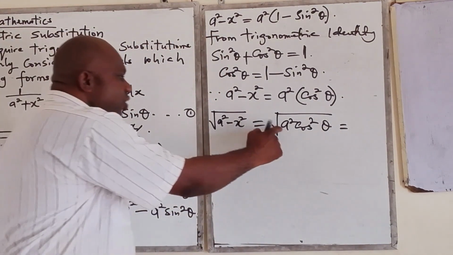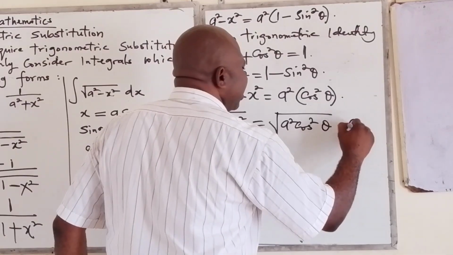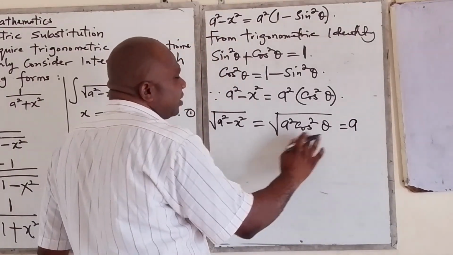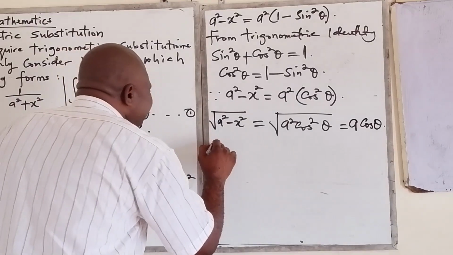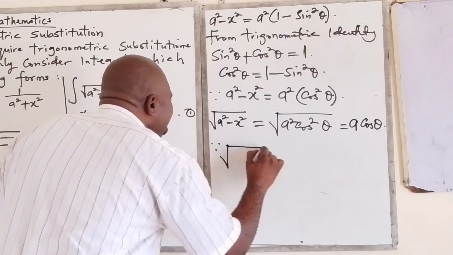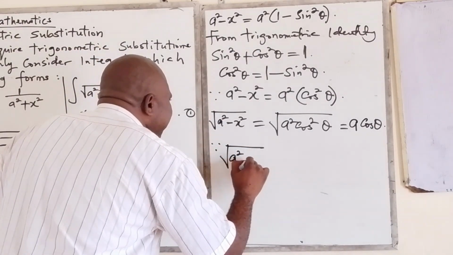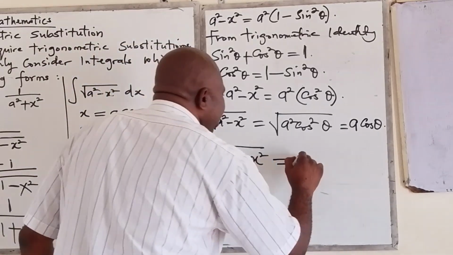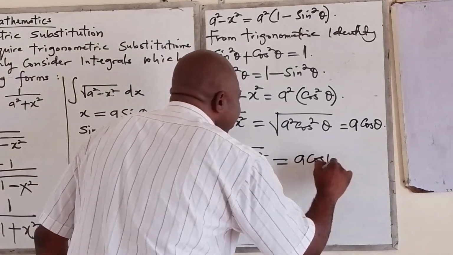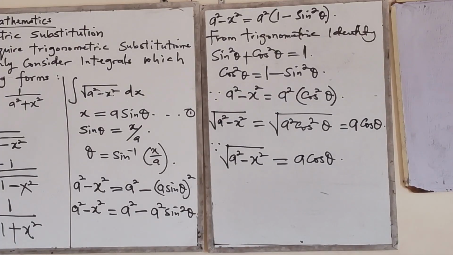The square root of a squared is a, and the square root of cos squared theta is cos theta. So the square root of a squared minus x squared will be equal to a cos theta.